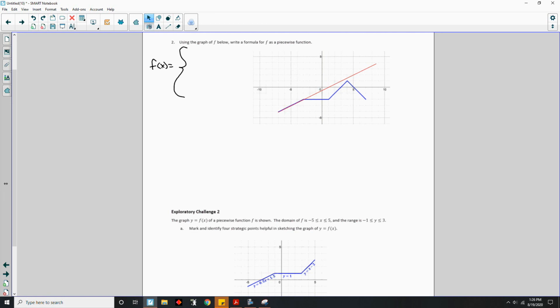As you heard me say, up 1 over 2, that's rise over run, that's 1/2. So I would write 1/2 x, and the y-intercept is negative 1/2, so I'd say minus 1/2.